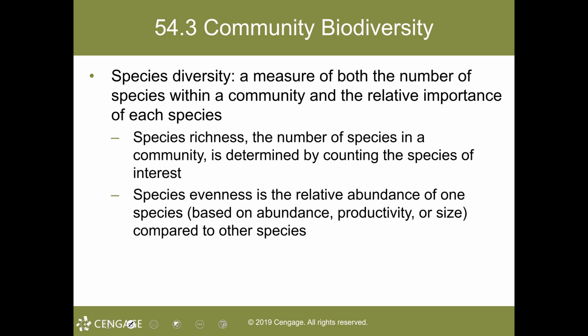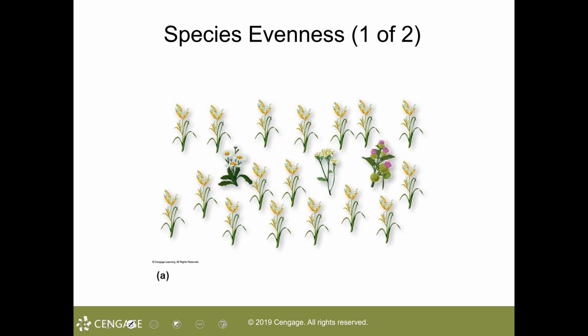Species richness is nothing more than the number of species in a community, determined by counting the differing species, and species evenness is the relative abundance of each of those species. Species diversity, species richness, and species evenness vary greatly from one community to another and are influenced by many biotic and abiotic factors. So just keep in mind what diversity is and how it affects communities. So on your own, determine richness as well as evenness.